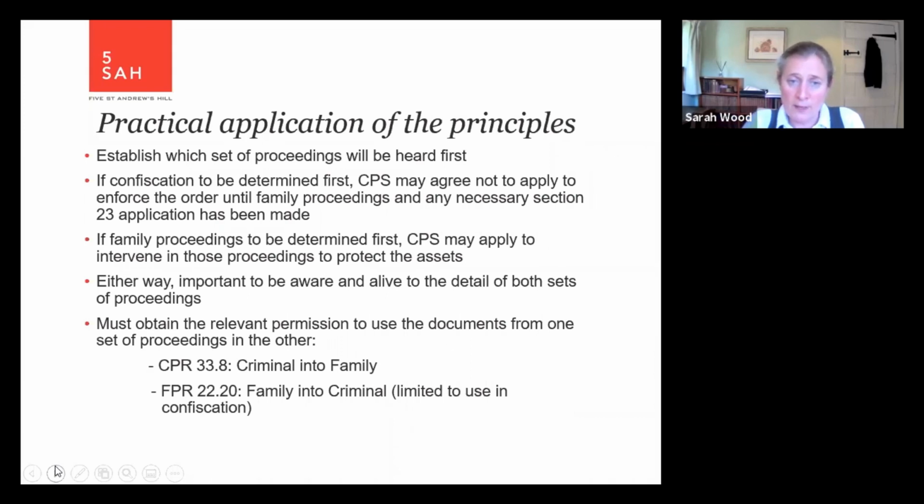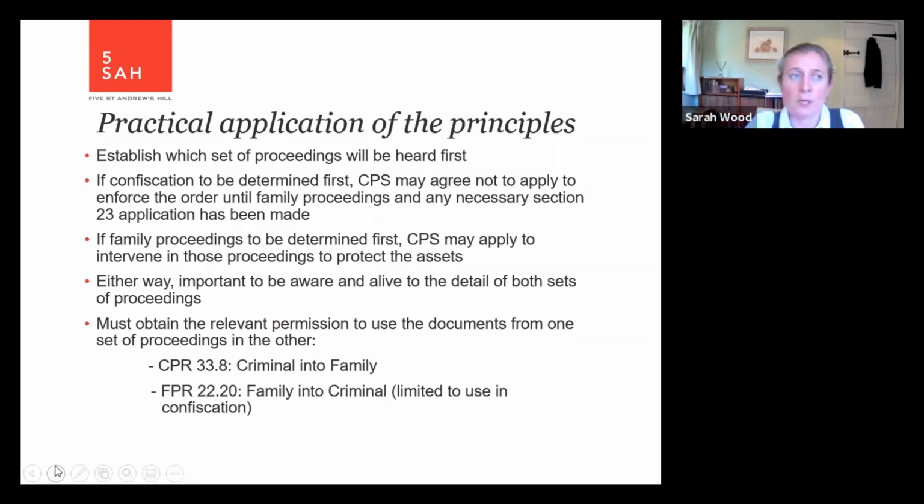Now, if, however, the family proceedings are to be determined first, then the CPS may apply to intervene in those proceedings to protect the assets. And it will do so, particularly if it suspects that any one of those things that we've just looked at from the case law is applicable to the particular case that is before the court.